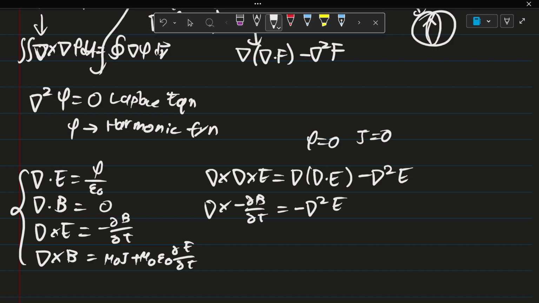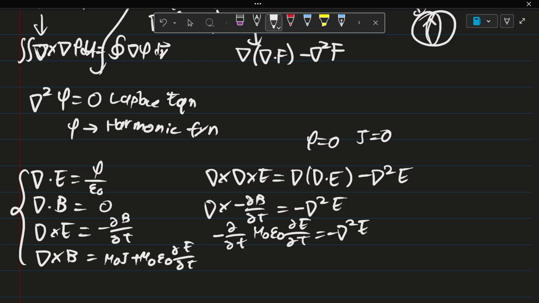So we would have negative partial over partial t of nabla cross B, which is mu 0 j plus mu 0 epsilon 0 partial E over partial t, which will be this.